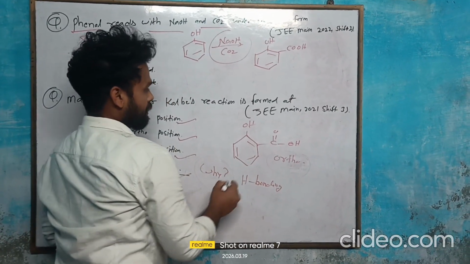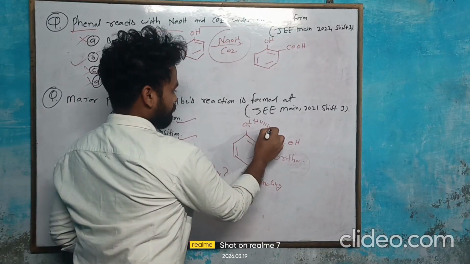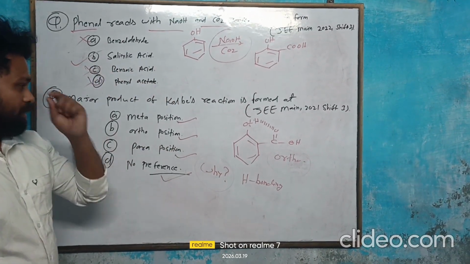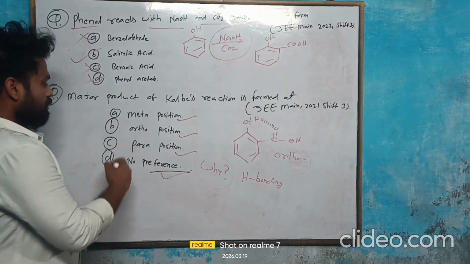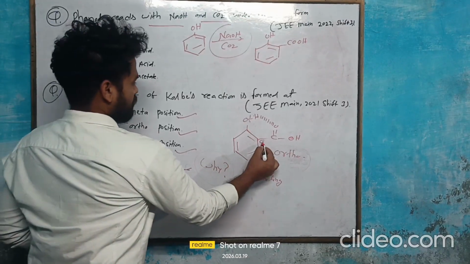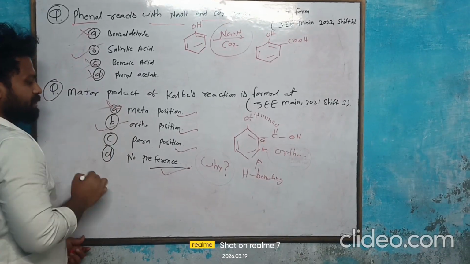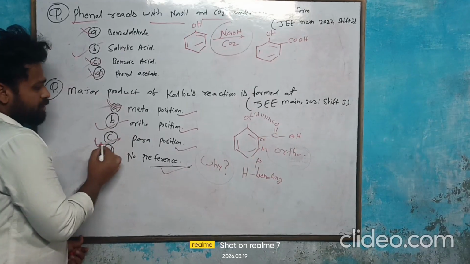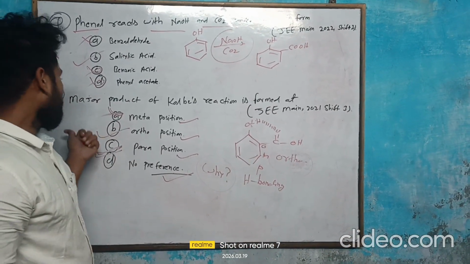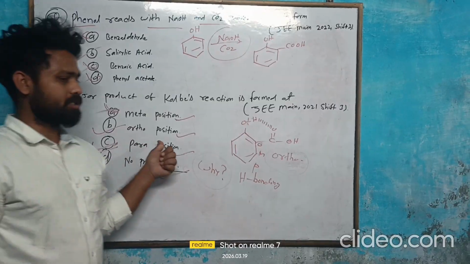Here you can see hydrogen bonding among these. That's why the CO2 attaches at the ortho position. This is ortho, this is meta, and this is para. Not meta because this is not activated. Para is activated, but there is no chance of hydrogen bonding. That's why product formation takes place on the ortho position.